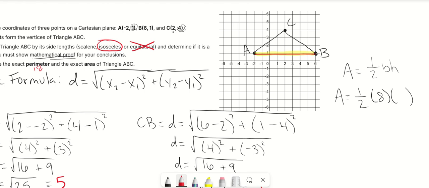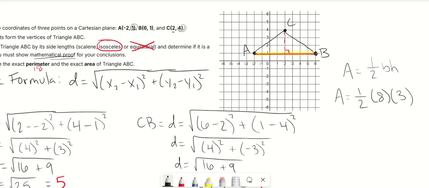It means it forms a 90-degree angle with the base. So the height is actually going to be from point C down to the base so that it forms a right angle. And since that's a vertical line, we can just count the units. 1, 2, 3.